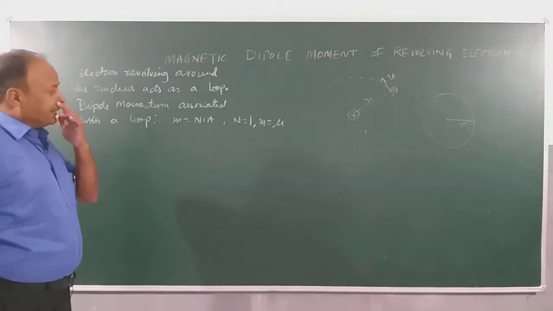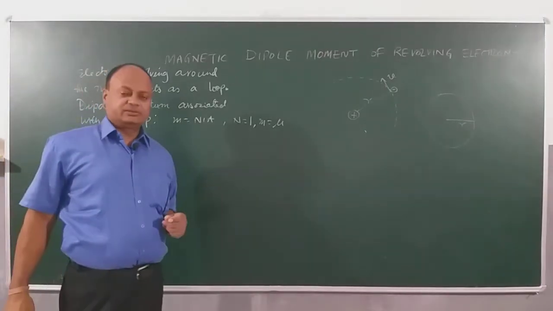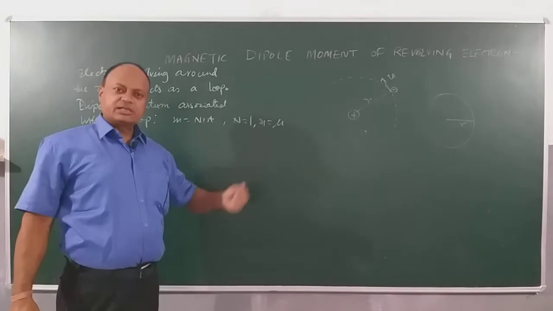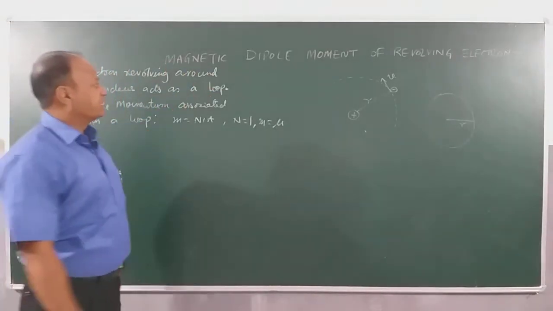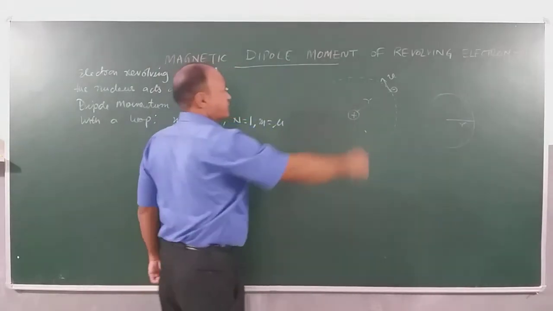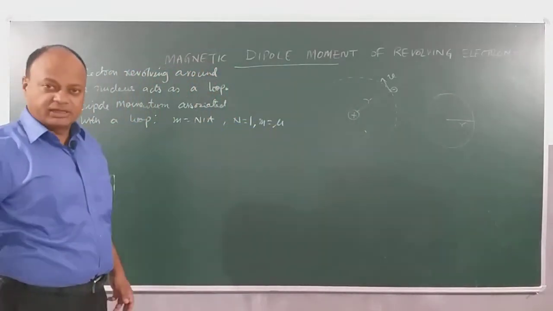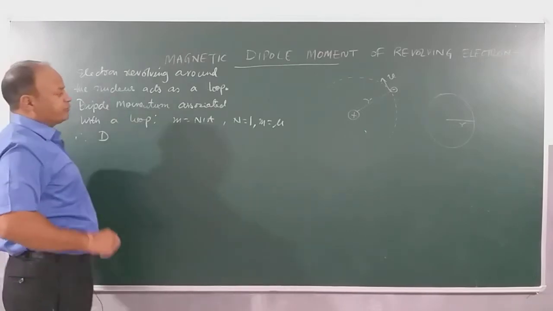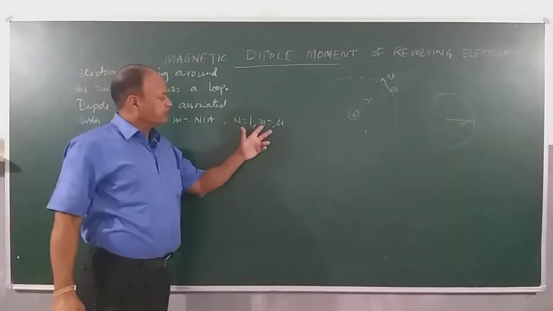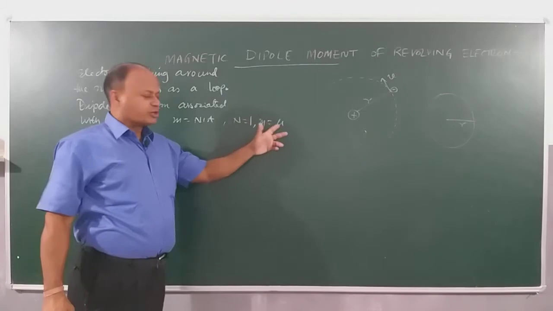Actually children, it is the angular dipole moment. Okay, the dipole moment which I am saying here is actually the angular dipole moment. Clear? Therefore, for the electron we are going to use a special term, M is equal to mu.